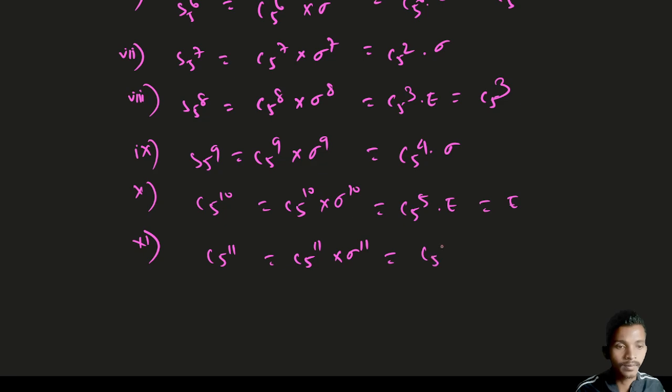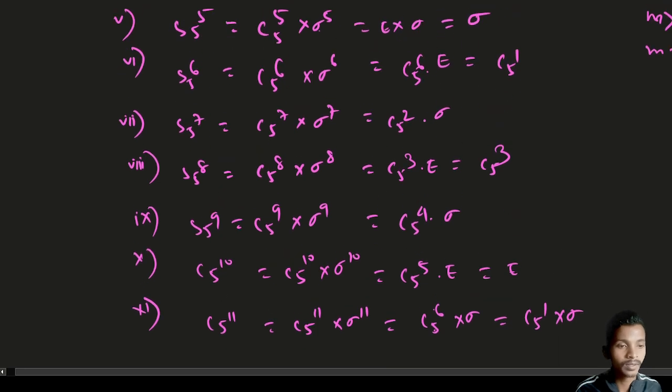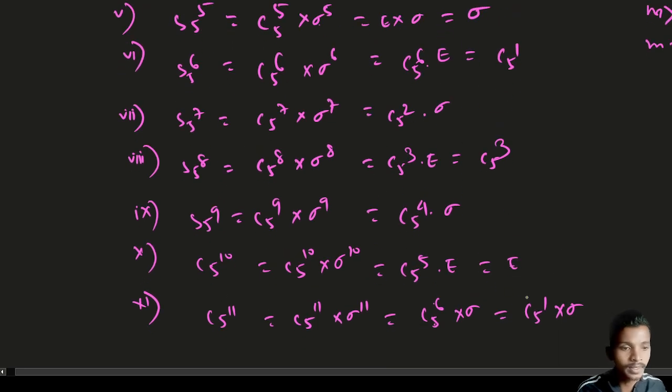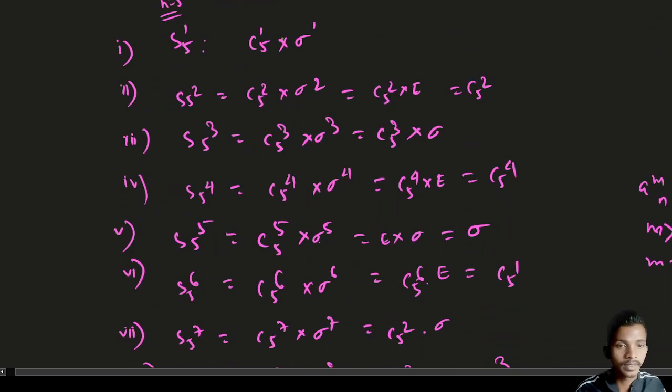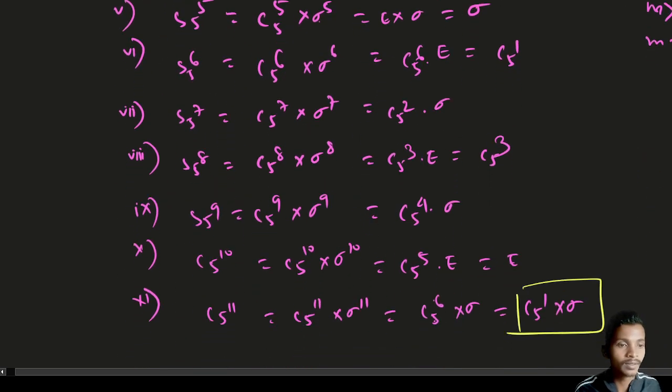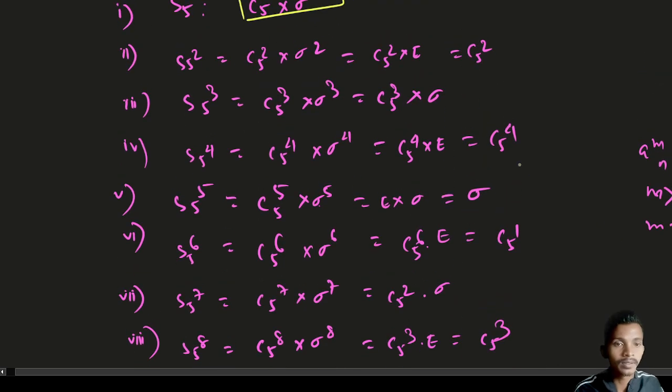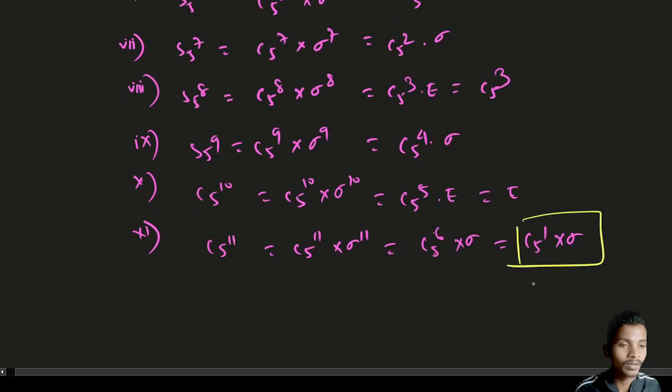This is C5^6 because 11 minus 5 is 6, into σ odd, and this is again greater than this, so I again write C5^1 into σ. Okay, so now the value of mine is this one. So is this value there or not, I will check. Yes, C5^1 σ, this also C5^1 σ. So this value gets repeated, meaning I will not have to use this.